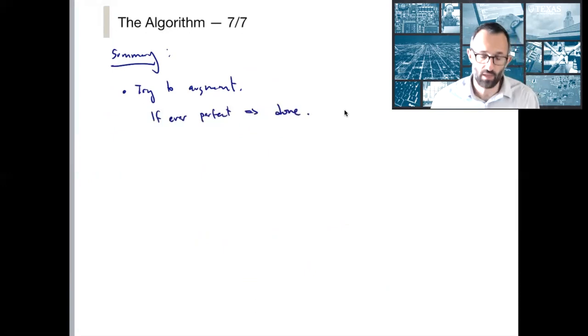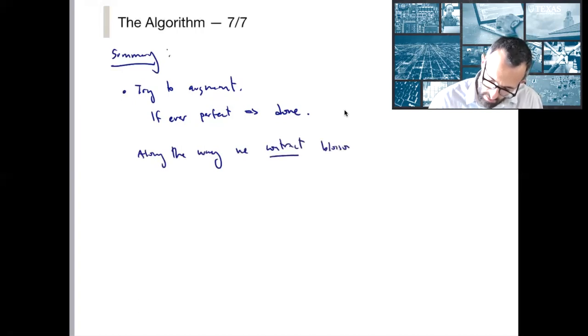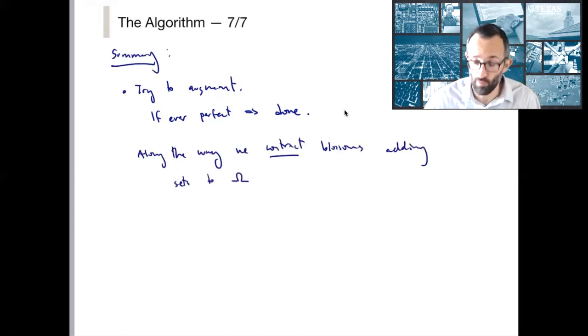We're optimal by complementary slackness. Along the way, we contract blossoms, adding sets to omega, and therefore variables to the dual.